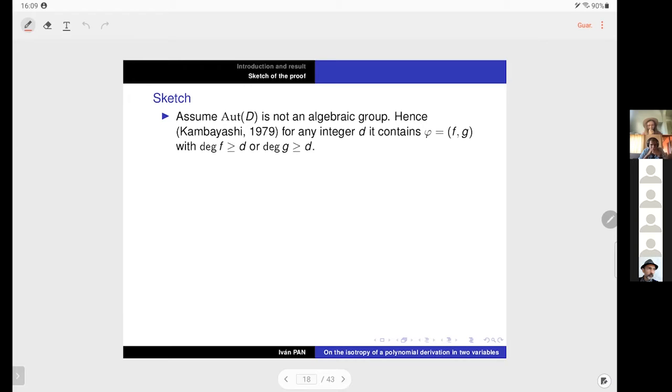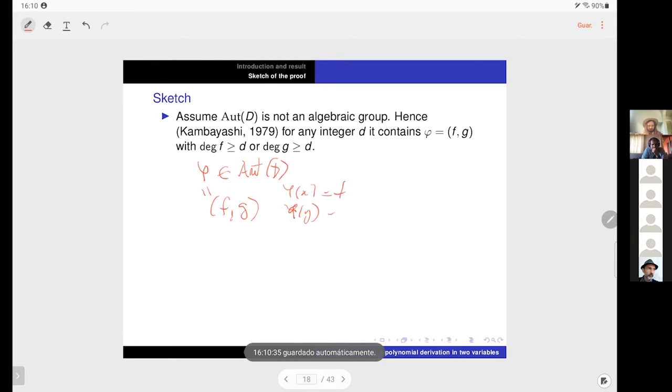As we said, the present example may in fact be generalized, and it is a result by Kambayashi that if a subgroup of the automorphism group of the polynomial ring, like the isotropy, is not an algebraic group, then the elements in this group are given by polynomials (f, g), where f is phi of x and g is phi of y.